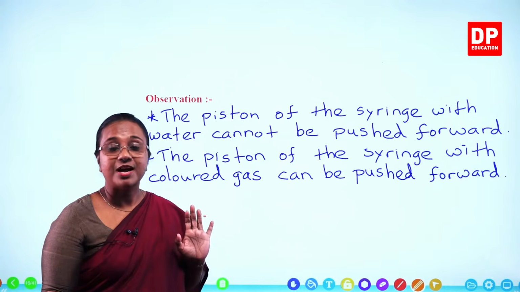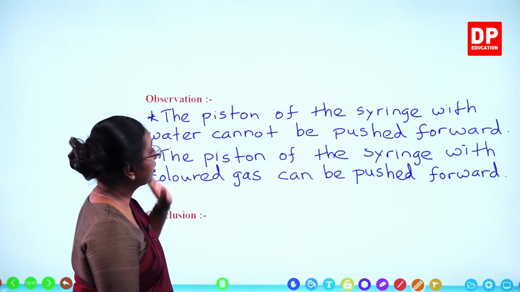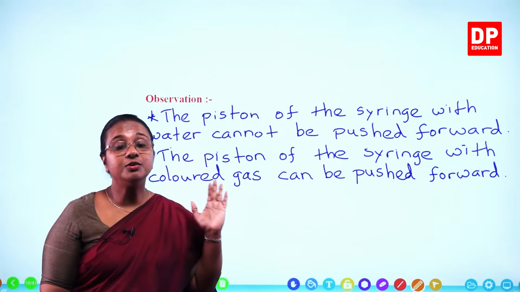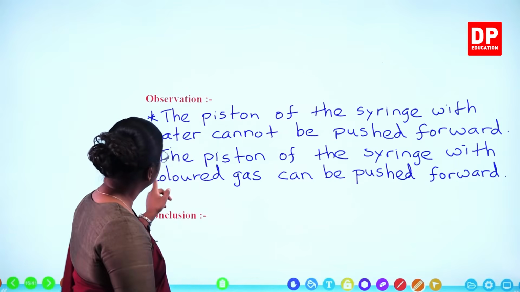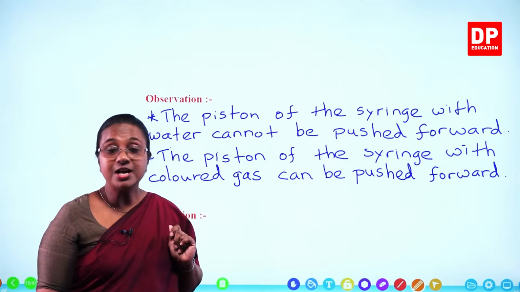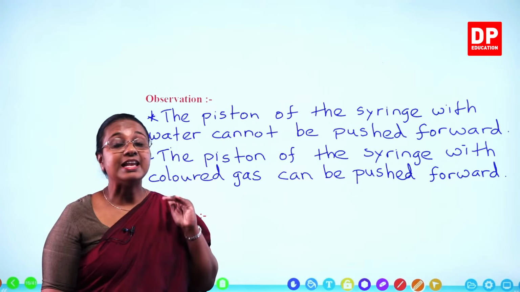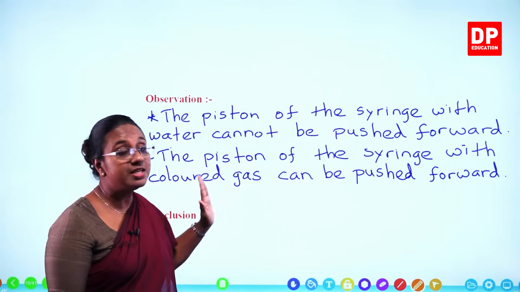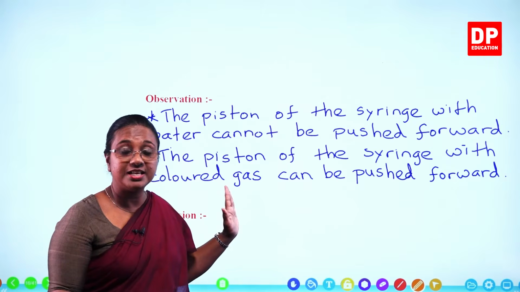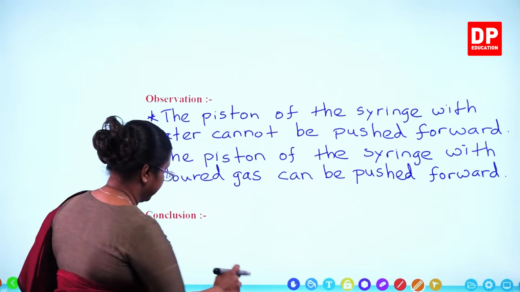So from that, what can we conclude? Water is a liquid. Water could not be compressed. So liquids cannot be compressed easily. But whereas nitrogen dioxide gas is a gas, and it can be compressed easily because we were able to decrease the volume of nitrogen dioxide gas by pushing the piston.